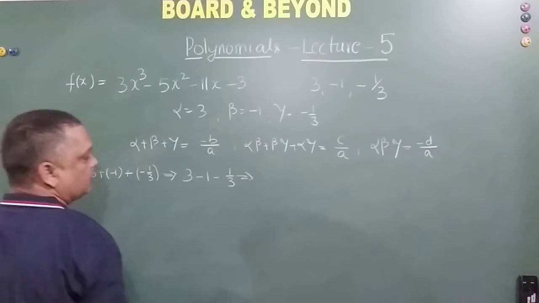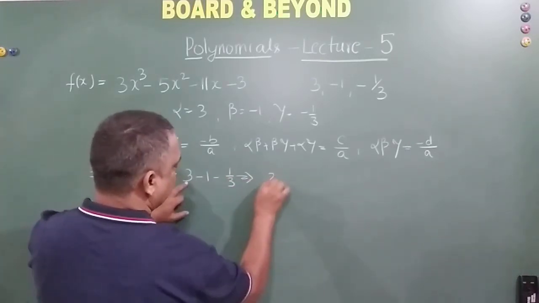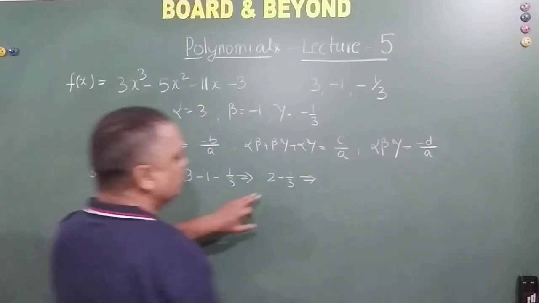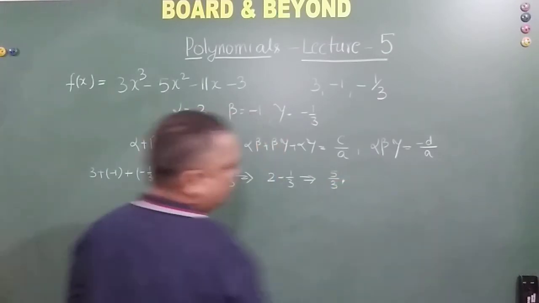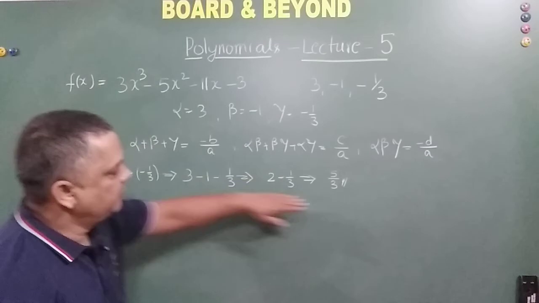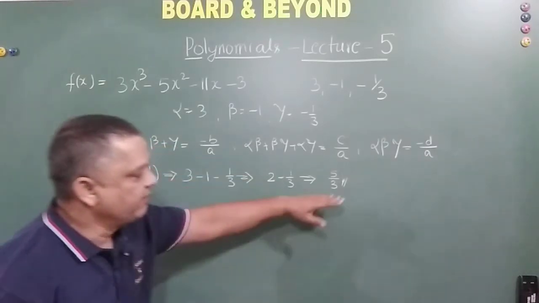So 3 minus 1 is 2, minus 1 by 3, which is also equal to 6 minus 1, that is 5 by 3. Right? Sorry, alpha plus beta plus gamma is equal to 5 by 3.